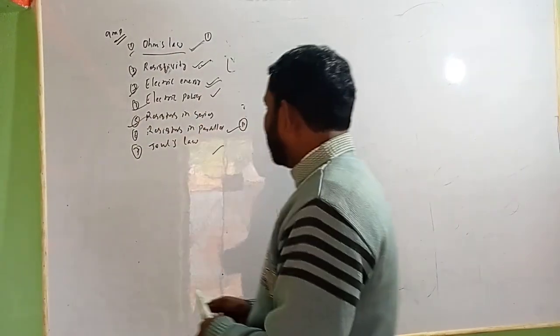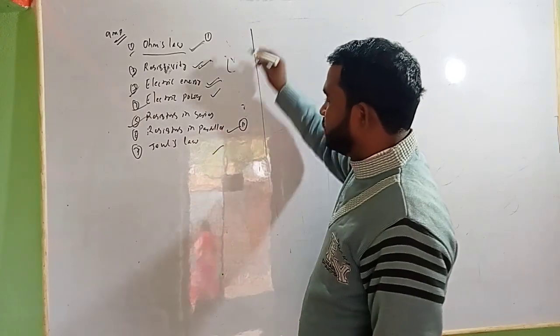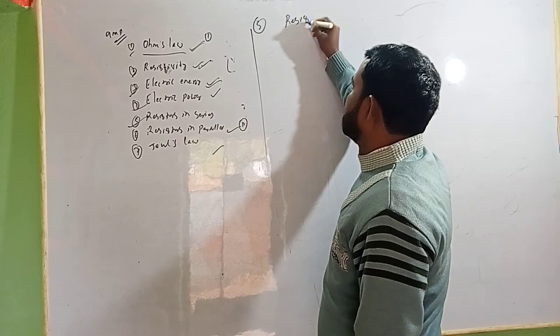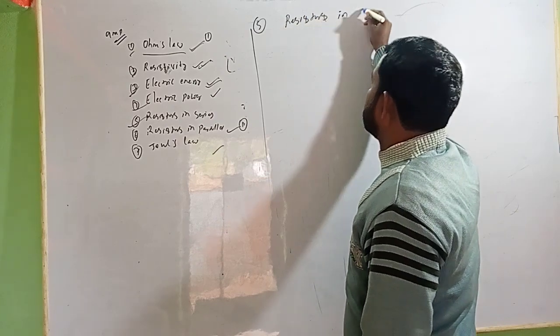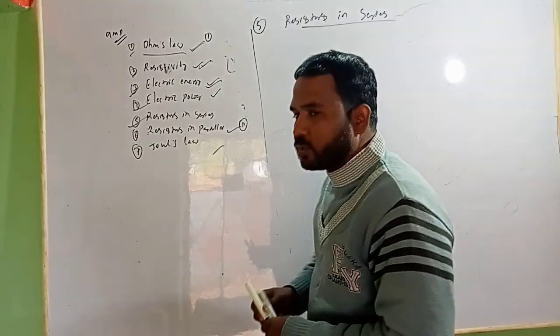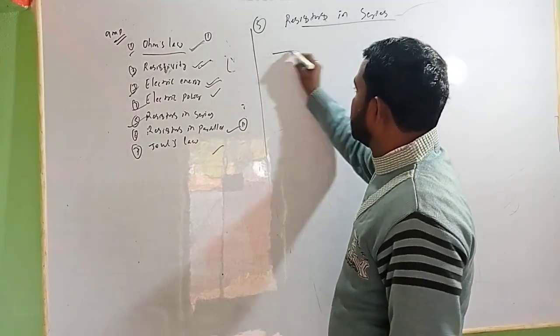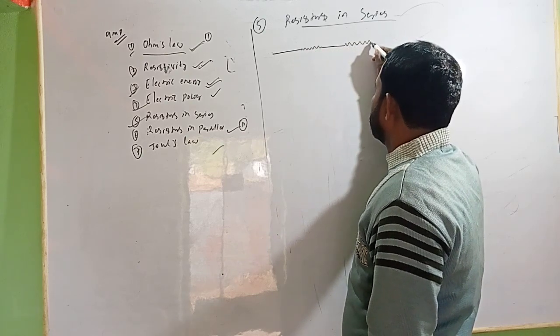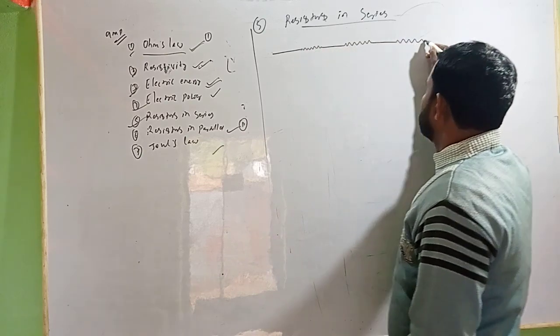Okay, very good. So suppose we have a question, the fifth one I am taking here, resistors in series. Suppose we have this one resistor, another resistor, second, and this is the third resistor.